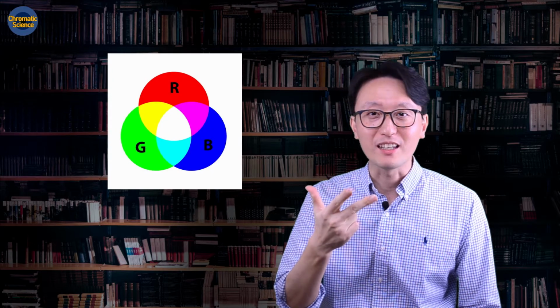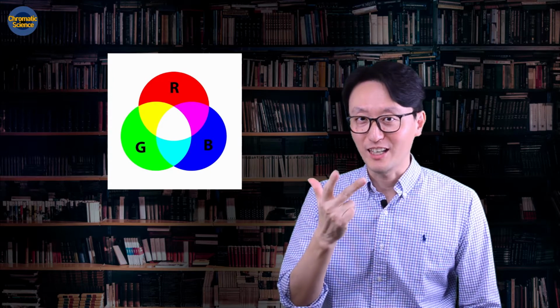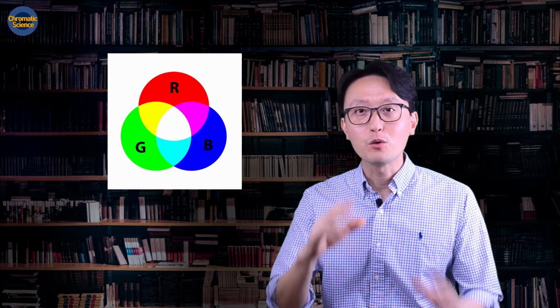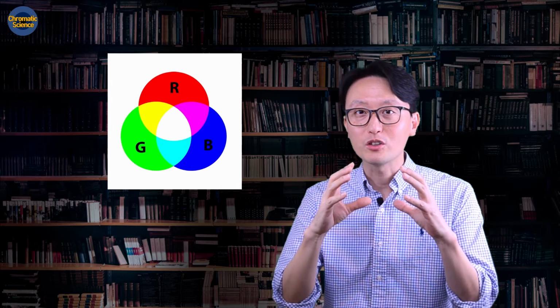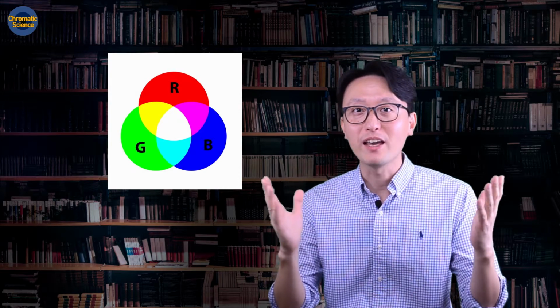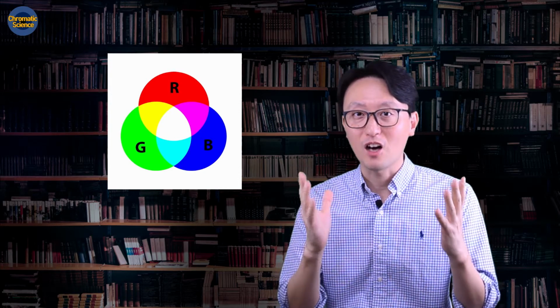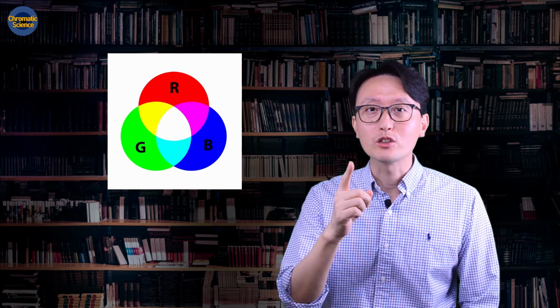By the way, how can we feel green color as a green color in our eyes? I guess you heard about the three primary colors of light, RGB, red, green, blue, yes. If you mix these three colors of light, then you can make many colors of light. Here's the question.